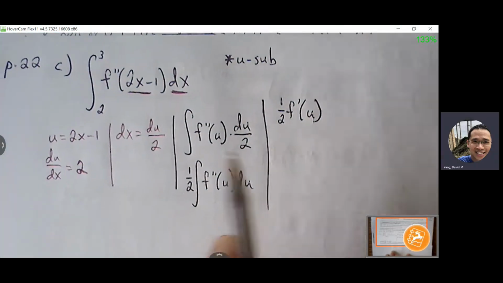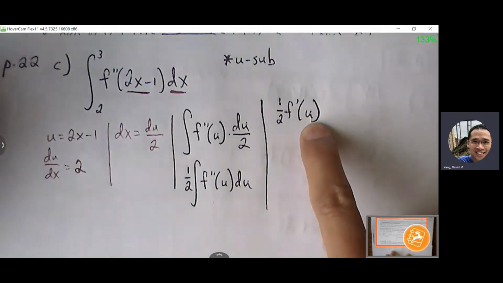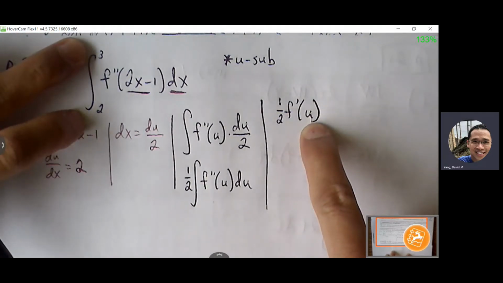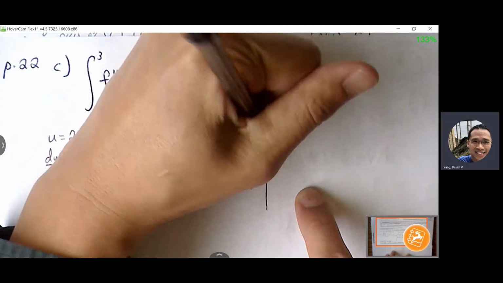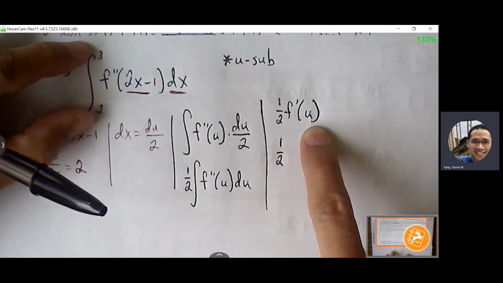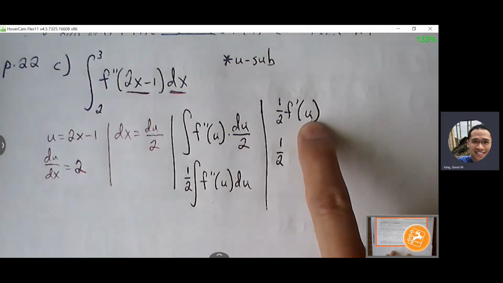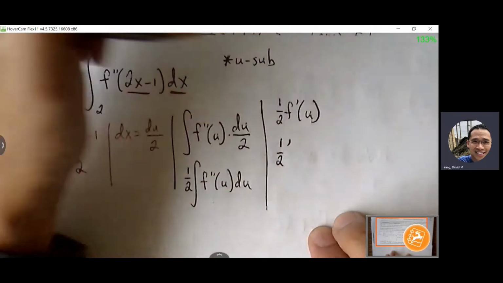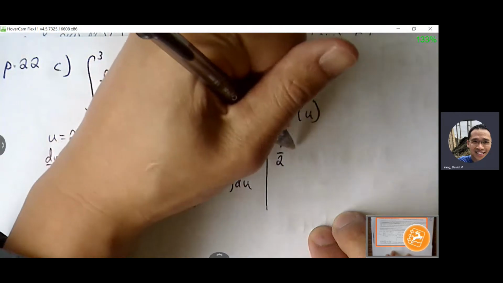Okay, we can work in the bounds, but not quite yet, right? This is in terms of u, your bounds are in terms of x. Either you can have your bounds in terms of u as well, but most of us prefer just to have everything in terms of x. Let's bring the original variables back.